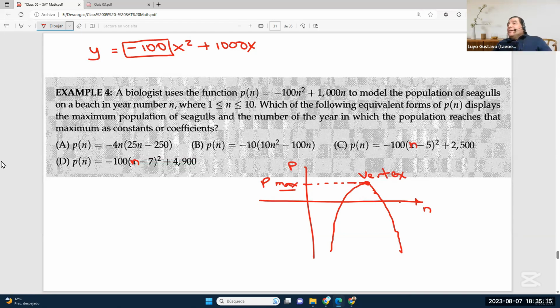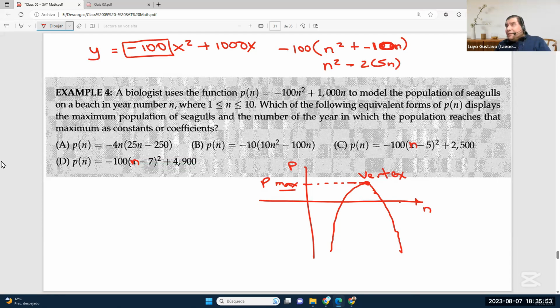So how do we do that? If we put this in the vertex form, we do this, right? First, you just factor the -100. Here, you would have this: -100 times (n squared minus 10n). So if you want to complete the trinomial, you have n squared minus 2 times 5n.